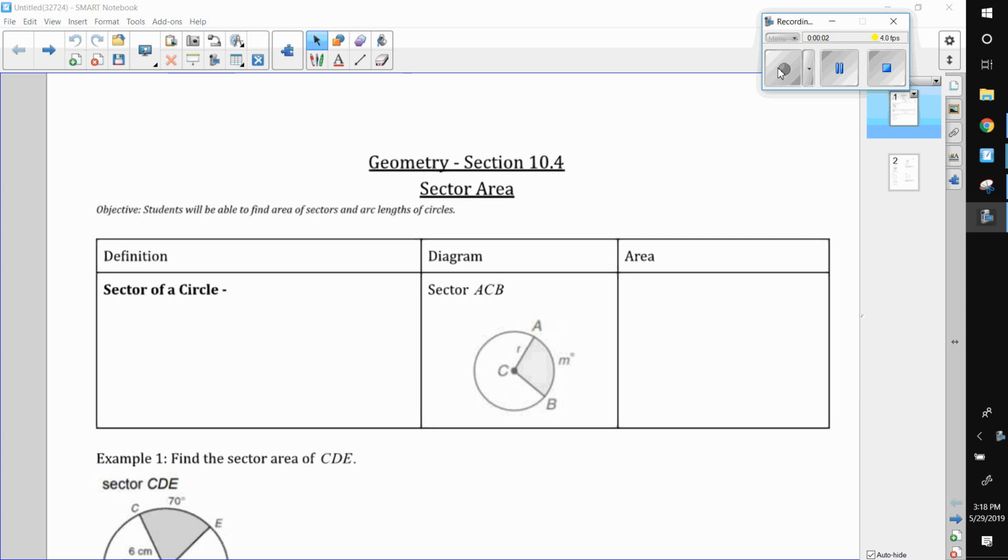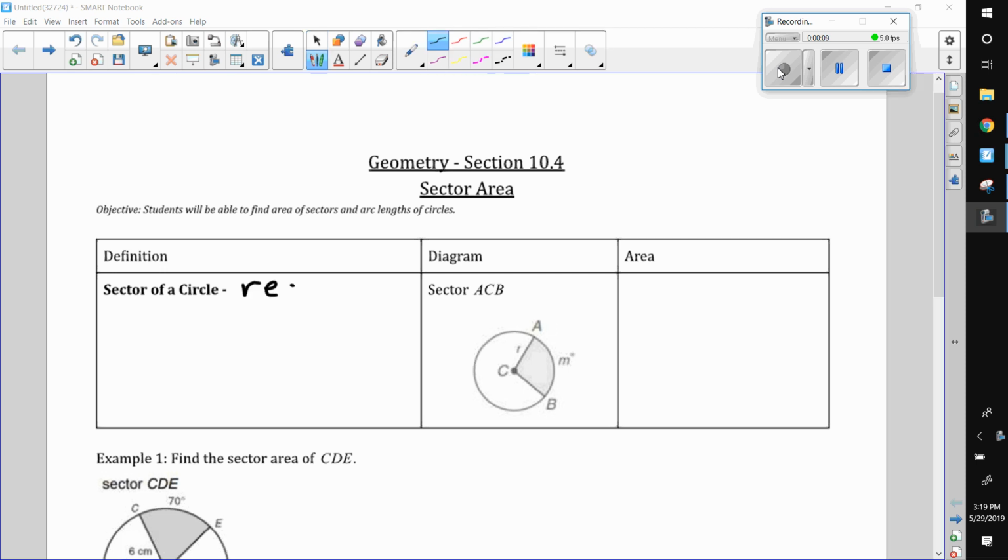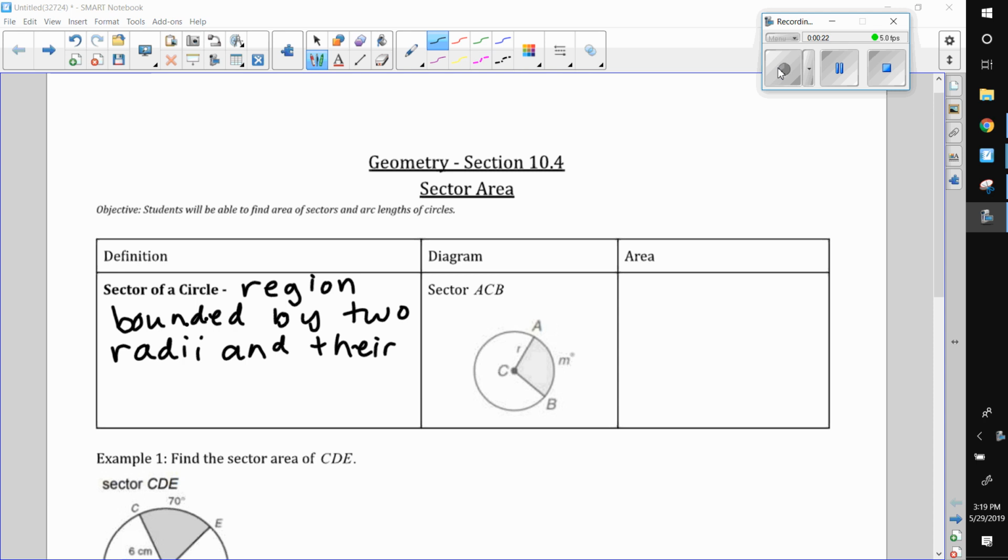Okay, so the last section that we have is on sector area. The sector of a circle is a region bounded by two radii and their arc.